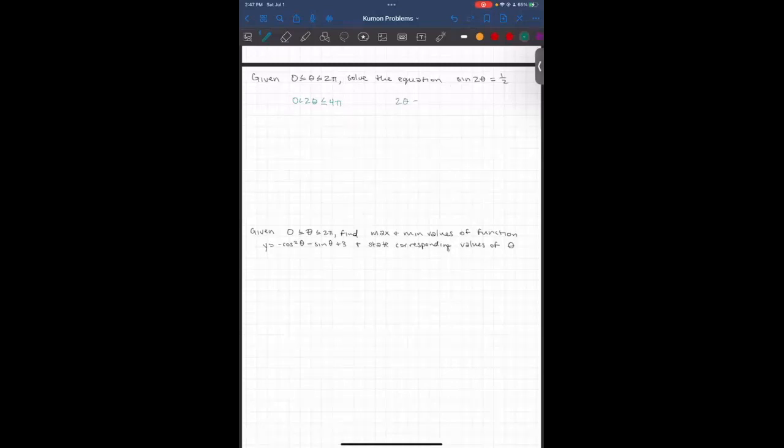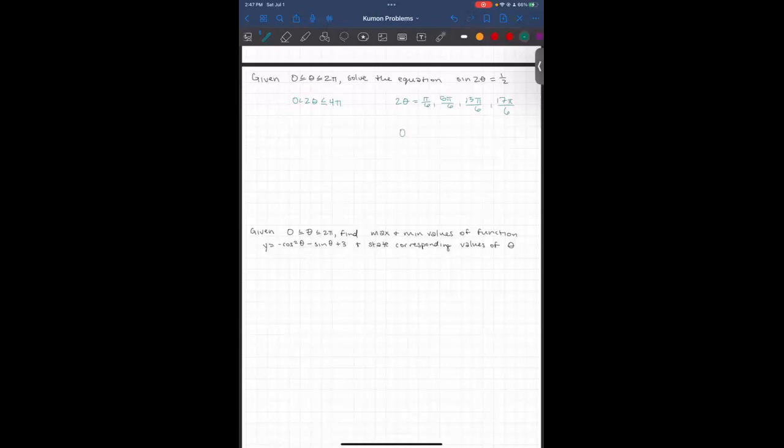So 2 theta is equal to pi over 6, 5 pi over 6, 13 pi over 6, and 17 pi over 6. You see these are all of the places where sine is equal to 1/2, but that's for the angle 2 theta.